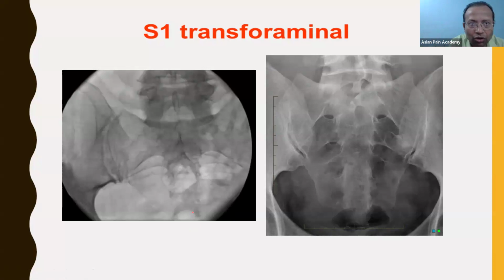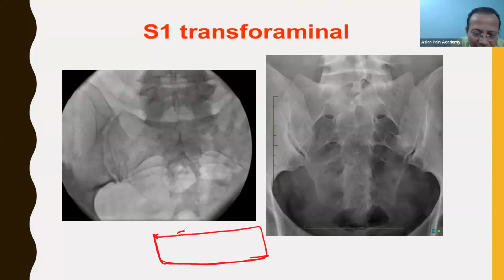So what is the thing? I will just draw it here. Okay, say I am drawing a sacrum. But sacrum is not like that. So remember, this is parallel. Say, hypothetically, if sacrum would have been like this, a straight line, this is the posterior foramen and this is the anterior foramen.